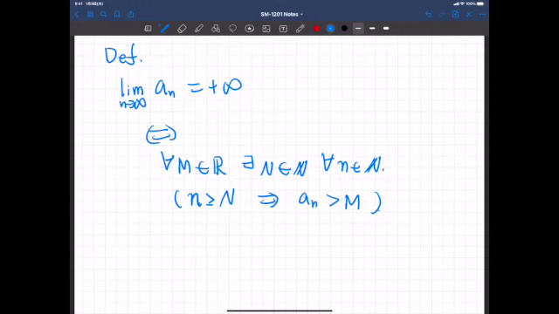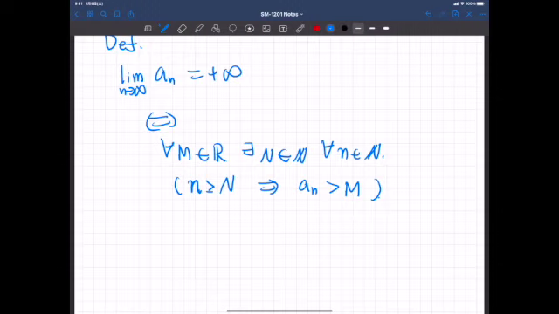This is the precise definition of divergence to positive infinity.